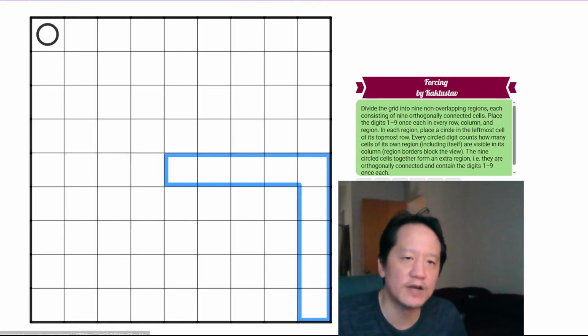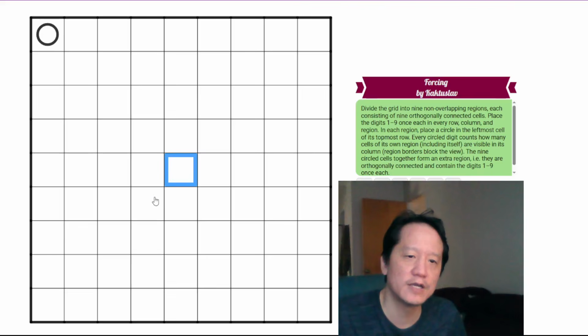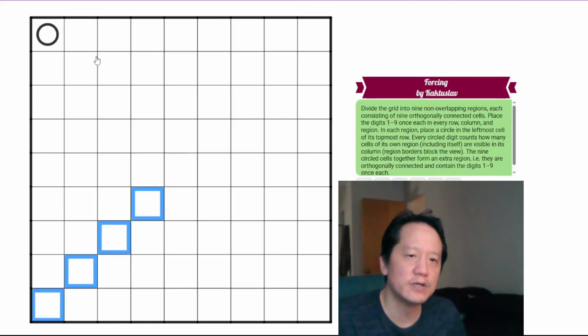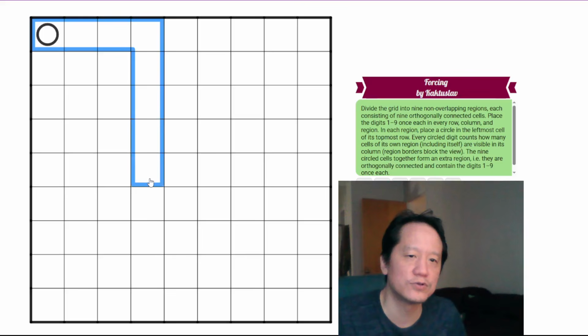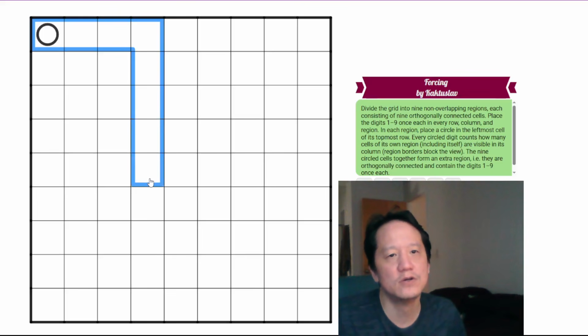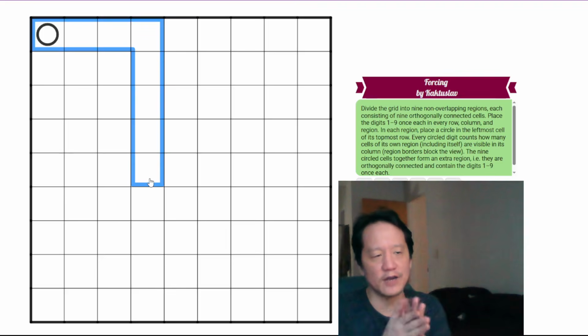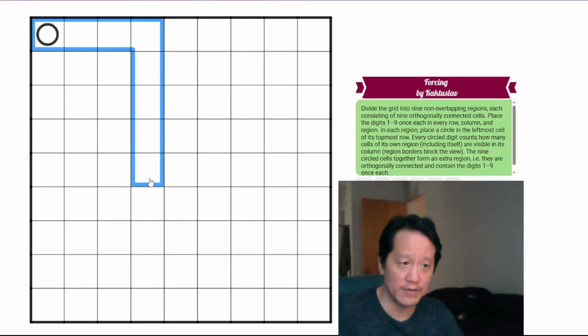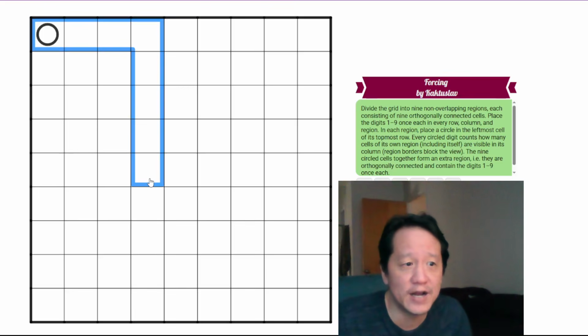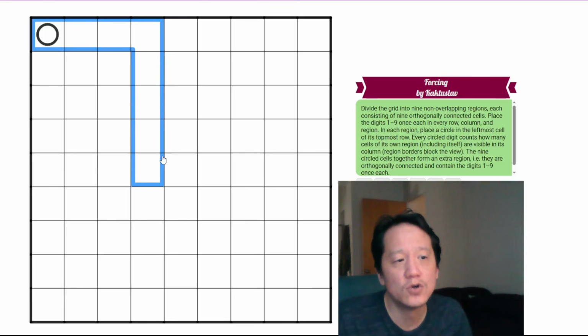So we have to have at least going to here. It cannot be any of these. Because if we have circle, circle, circle going to here, the problem is those digits are going to have to add up to 45, which means 45 of those cells must be accounted for in that same row.